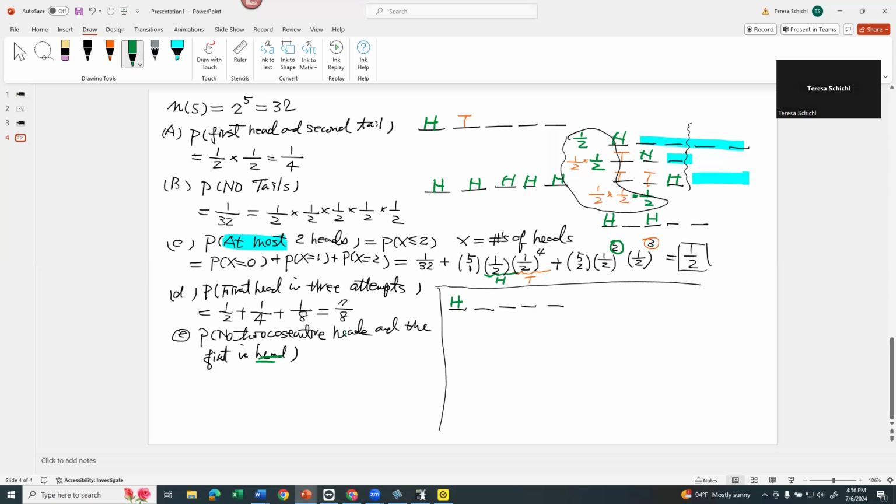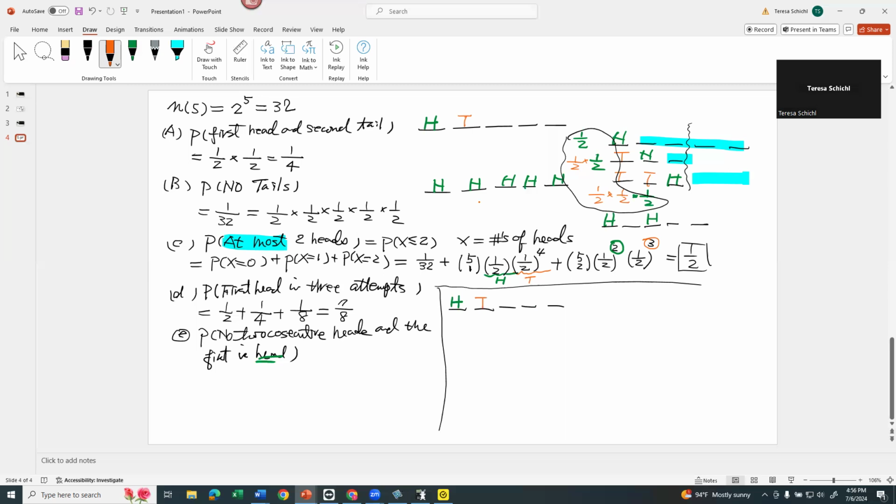So I know my second one cannot be a head. If my second one is a head, I already have two consecutive heads. So the second one has to be a tail. So now I have three positions left here.